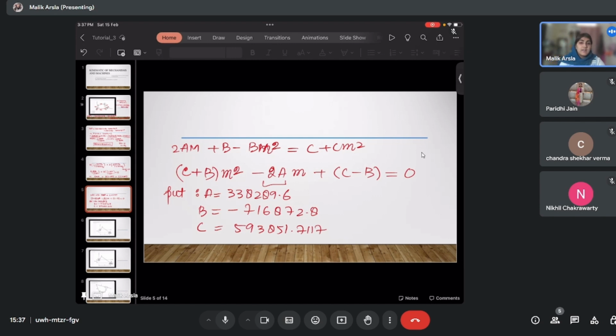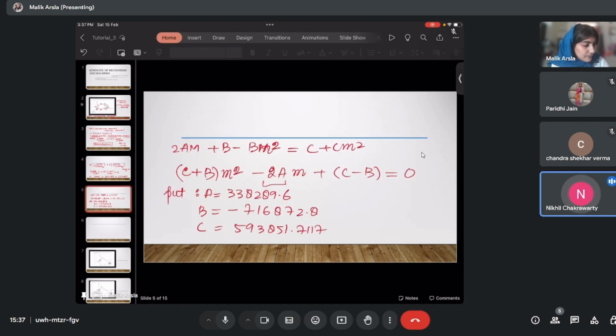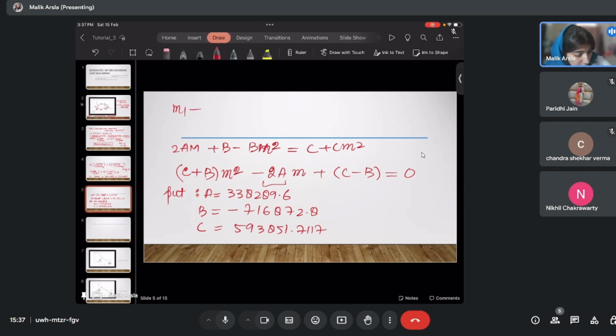Okay, did anyone get the roots of the quadratic equation? Okay, so m1 is equal to 1.51818, and so on.